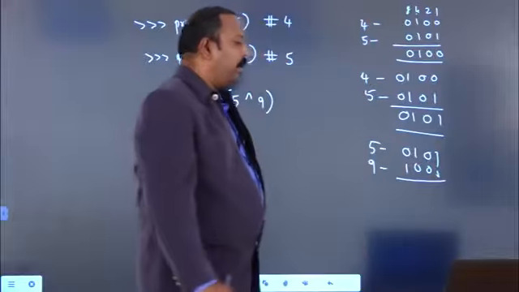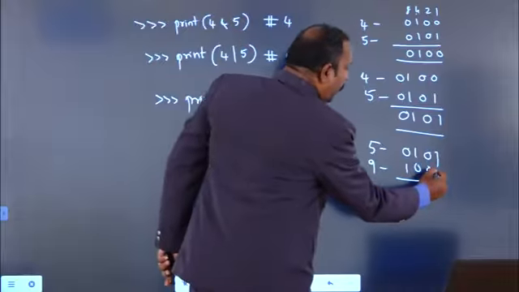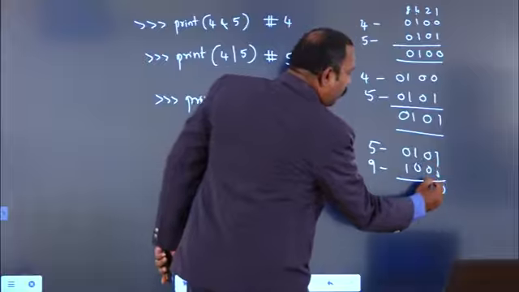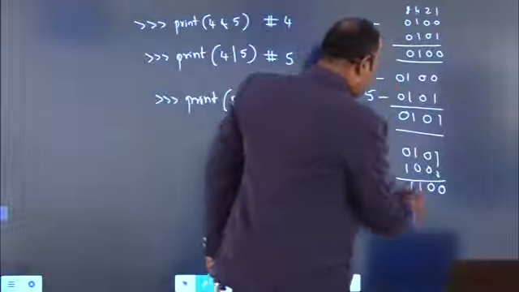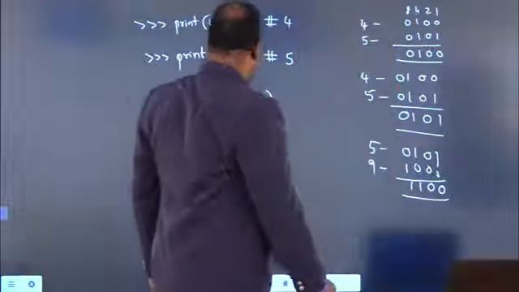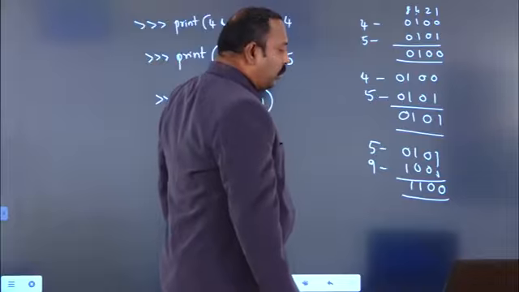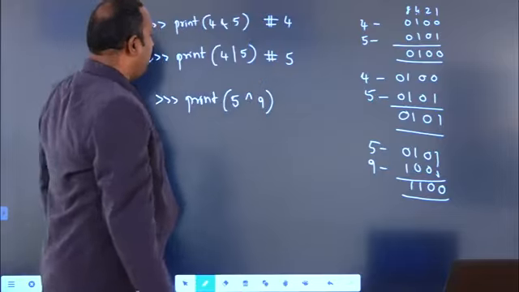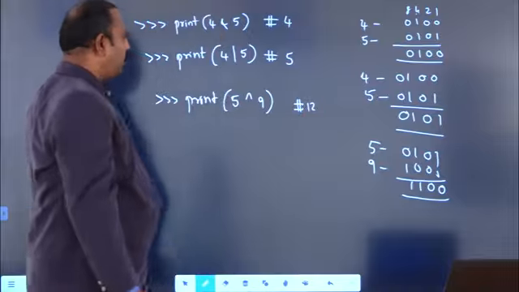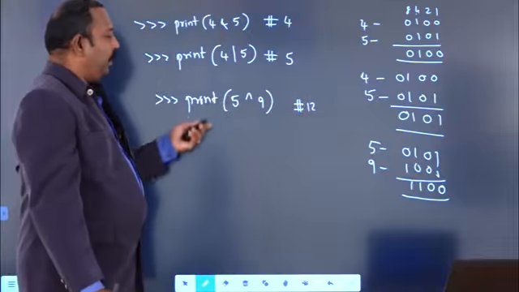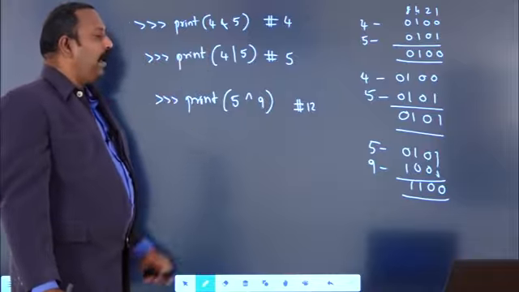If both the bits are different, then the output is 1. If both the bits are the same, then the output is 0. So what output did we get here? 1 1 0 0, which is nothing but 12. You can see whether it is right or wrong on execution. So this is bitwise AND, bitwise OR and bitwise XOR.